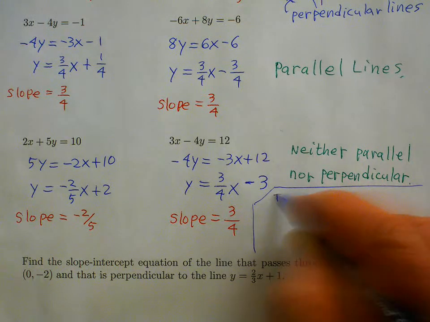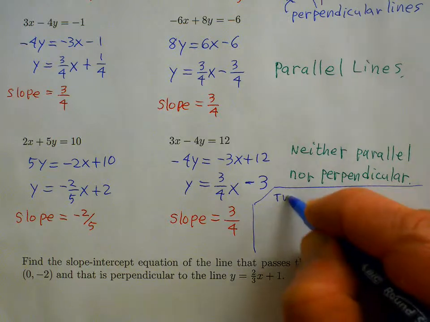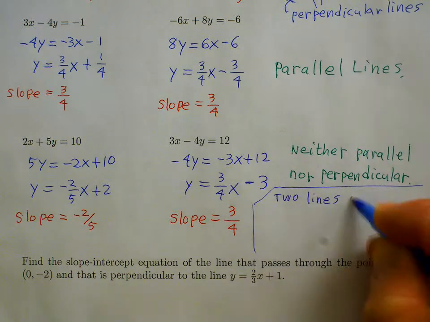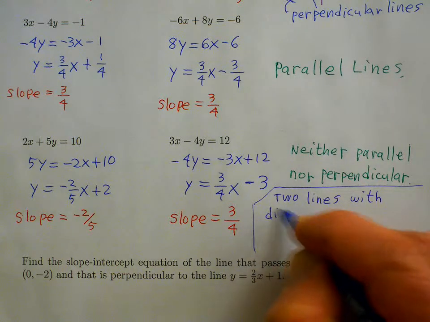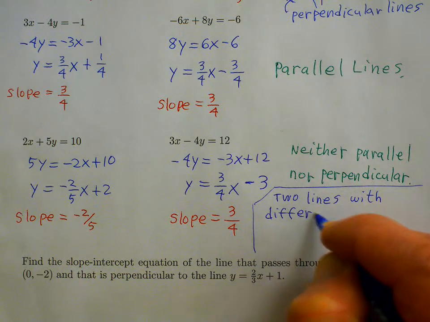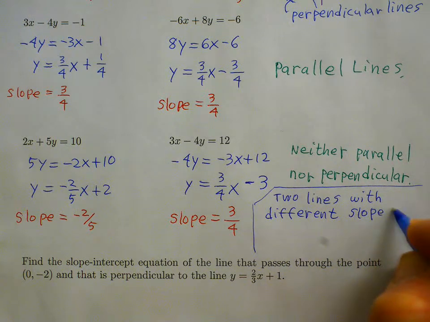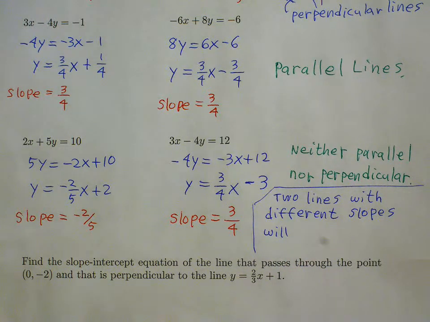Two lines, by which I mean straight lines, so two lines with different slopes will intersect at exactly one point.